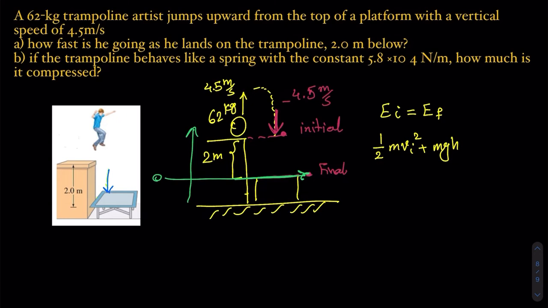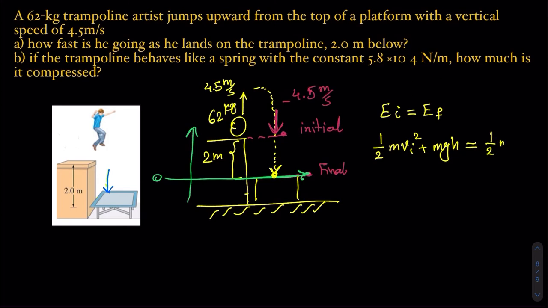But when the person goes down and reaches this point, there is no height. It's not above the ground, it's exactly at the 0 point. So there is no gravitational potential energy, and there is only kinetic energy.